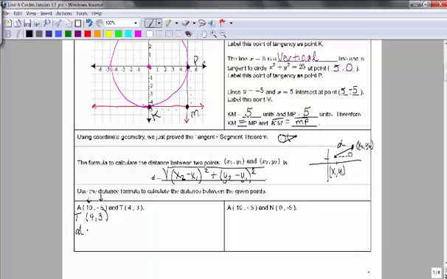And then I write my distance is the square root, and I'm just filling in, parentheses, 10 minus 4 squared, and parentheses, negative 5 minus 3 squared, which is 6 squared and negative 8 squared. Remember, you must use parentheses. There'll be no negatives here because we're talking about distance.